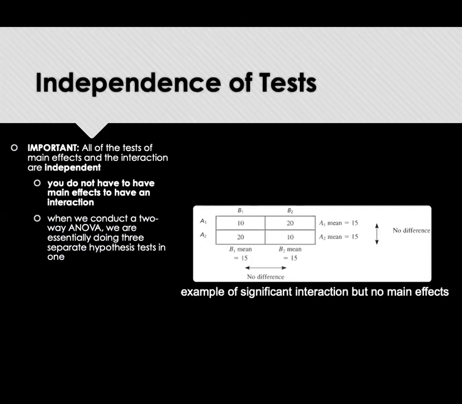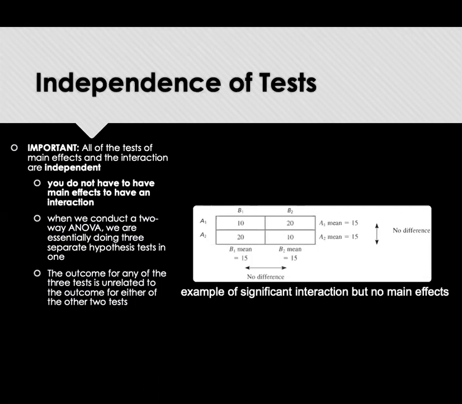So when you conduct a two-way ANOVA, you're essentially doing 3 separate hypothesis tests in one, and not even in one computation. You're literally doing 3 different hypothesis tests.